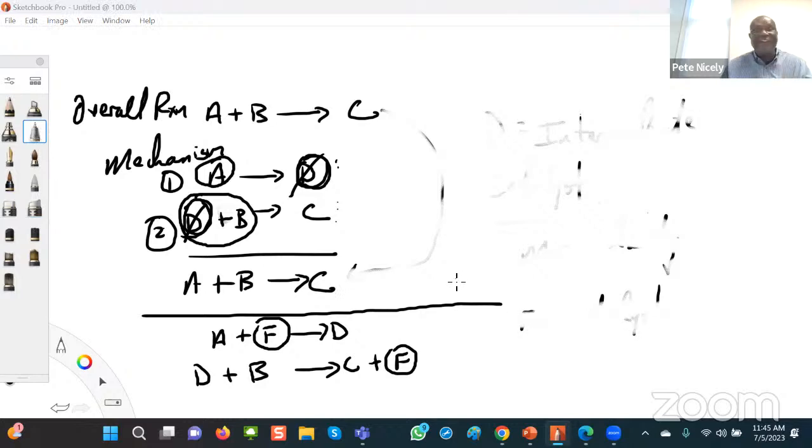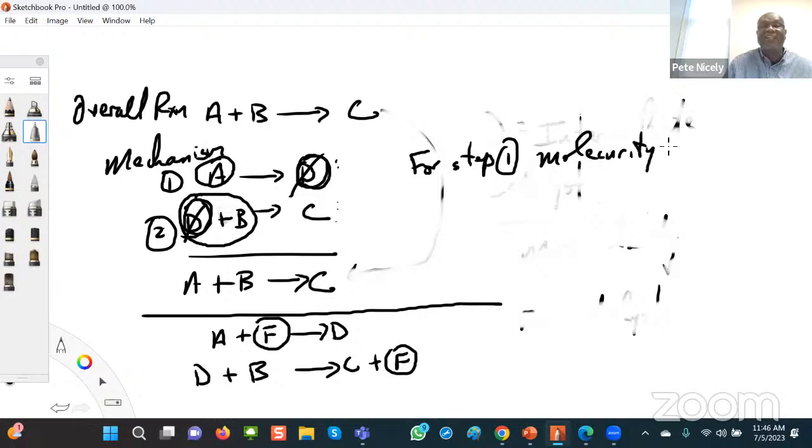In this case here, for step 1, the molecularity in this case is said to be equal to 1 because there's only one reactant involved in that first step. For step 2, the molecularity is equal to 2 because there's only 2 reactants involved in the second step, all right? Now, for most reactions, the molecularity of an individual step would be equal to 1 or 2, right?